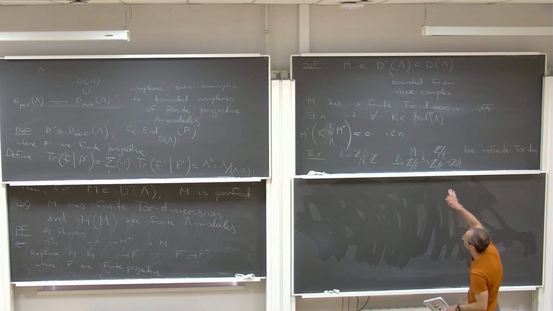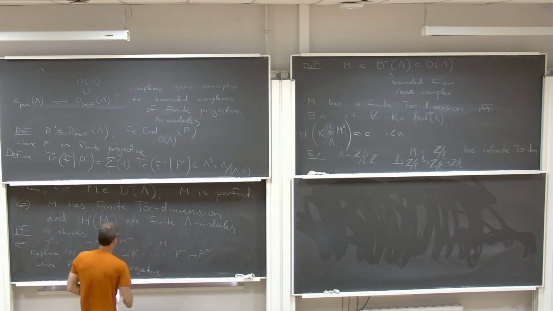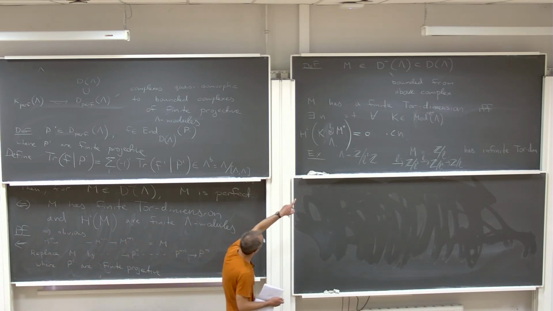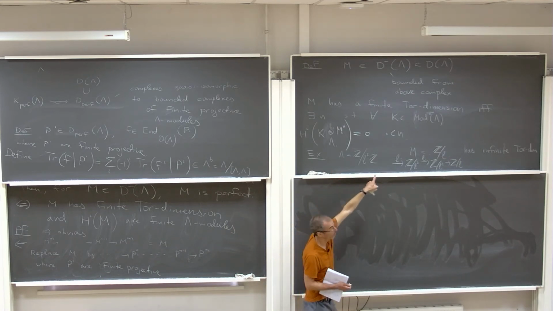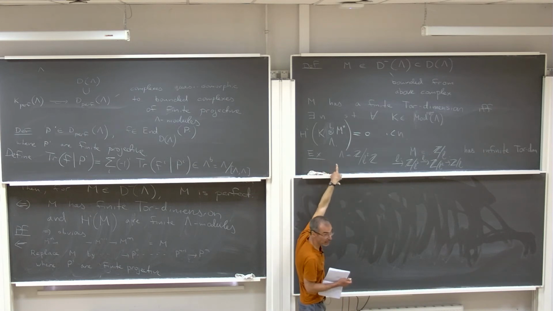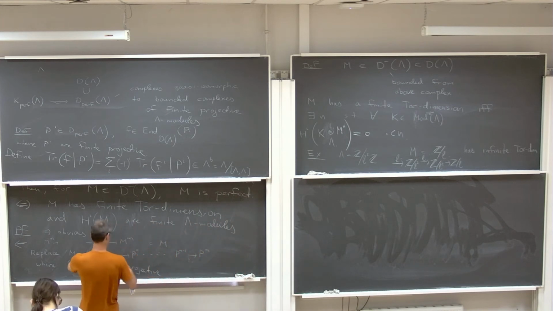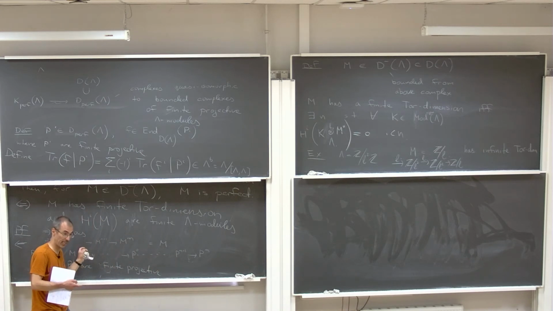So let's look at this definition. M is acyclic in degrees less than this n, because I can take k for lambda. So that means that this complex is also acyclic in degrees less than n.